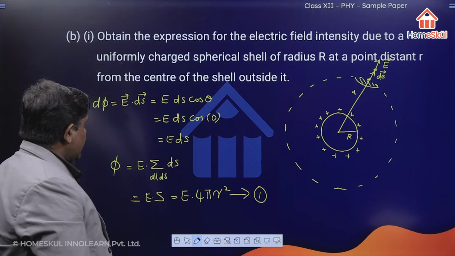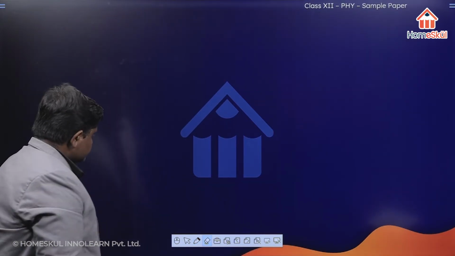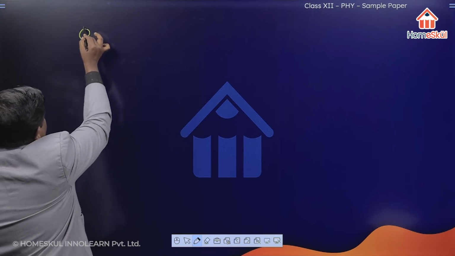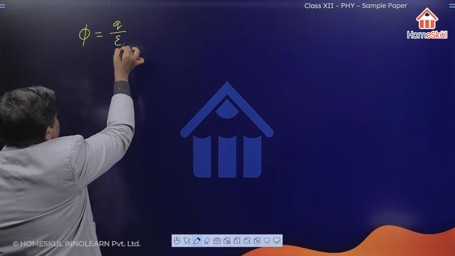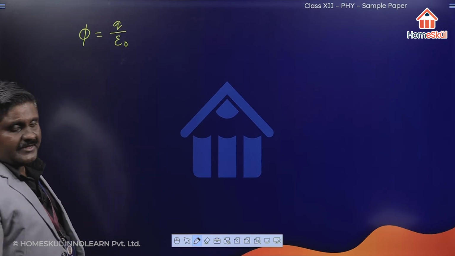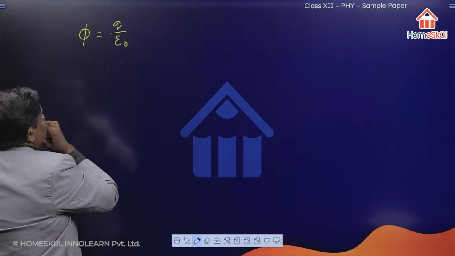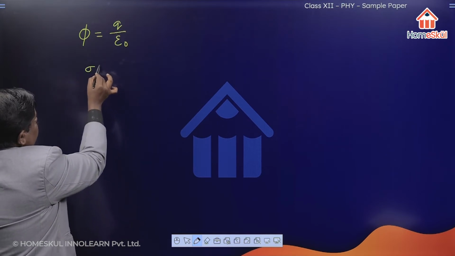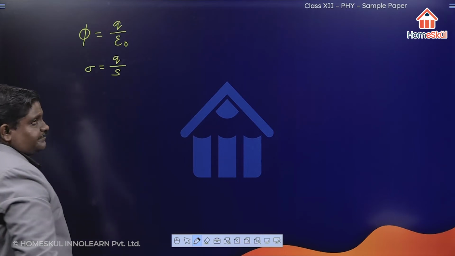Now we are going to take the flux phi equal to Q by epsilon 0, according to Gauss's theorem. Therefore, we have to change this Q in terms of surface charge density. We have the equation sigma is equal to Q by S, right?